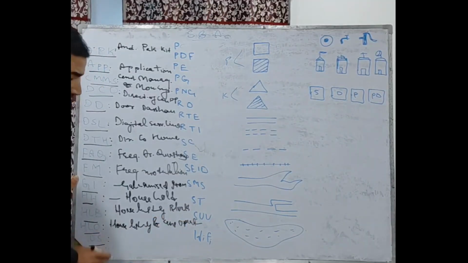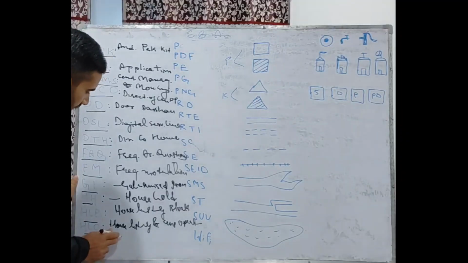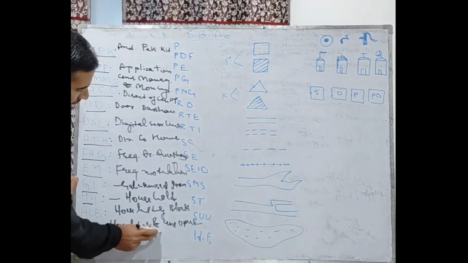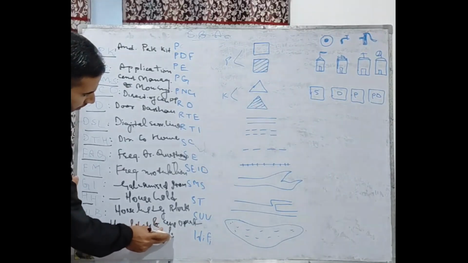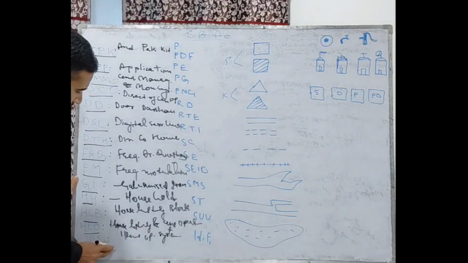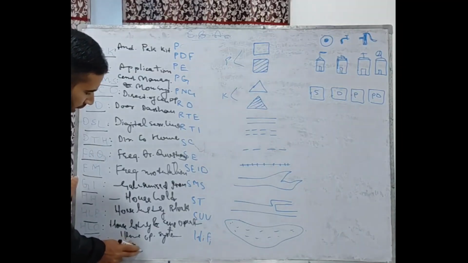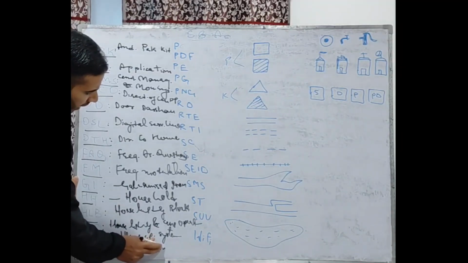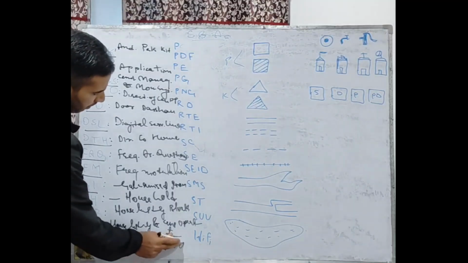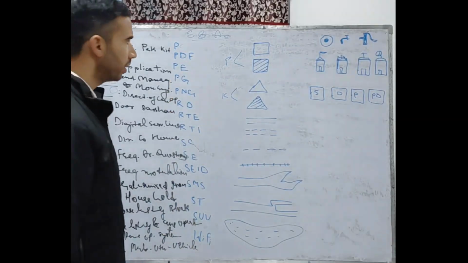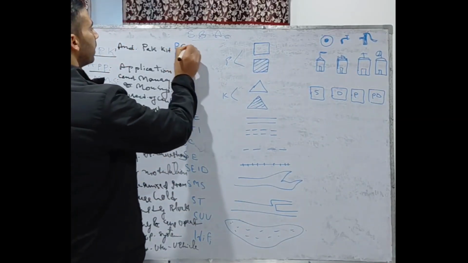Then we have iOS. You know that it is iPhone operating system. Then we have MUV. MUV stands for multiple utility vehicle. Then we have a few more abbreviations like PC.